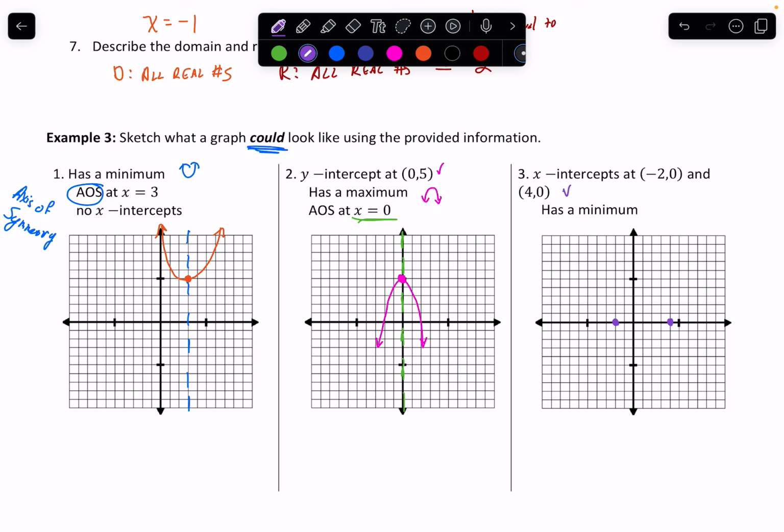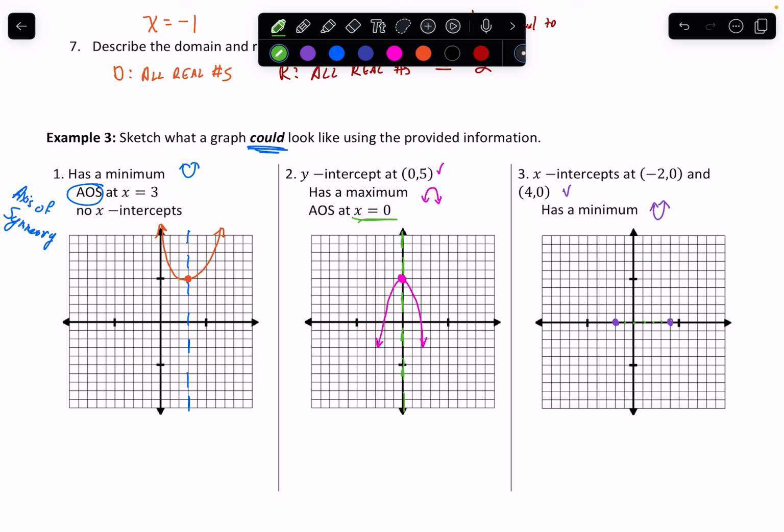It has a minimum, which means your graph needs to open up. All right? Now, we're going to be exploring these more in detail later, but remember this idea of symmetry. Your x-intercepts are going to be the same distance away from your axis of symmetry. So notice that this is 1, 2, 3, 4, 5, 6.